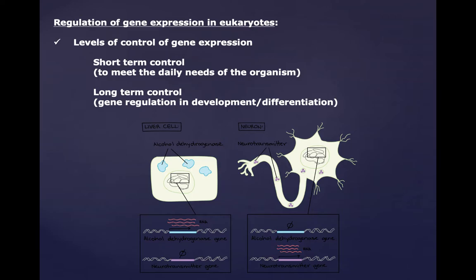Mostly for established systems like cells or living tissues, we expect short-term control of gene expression, while for developing organisms, in the context of, let's say, a developing animal, there's the idea of long-term control. Also in the context of a maturing or aging multicellular organism, the idea of cellular differentiation or tissue differentiation connects very well with gene regulation.